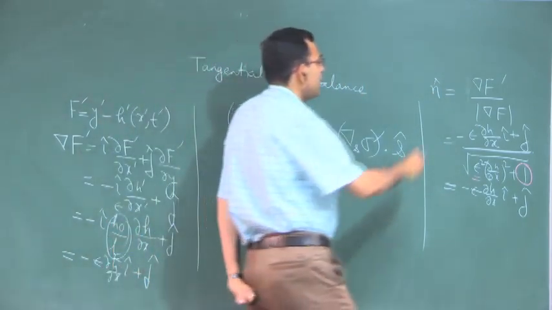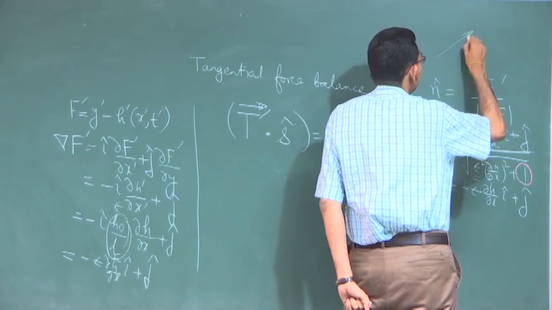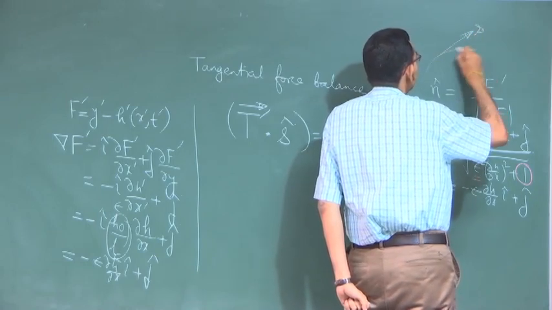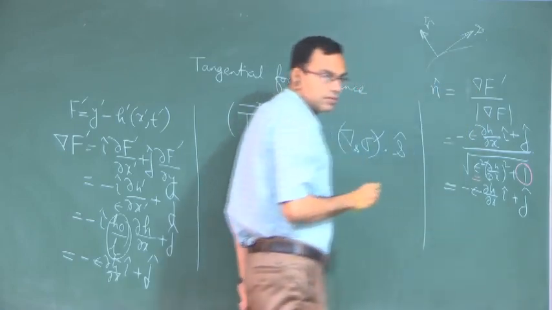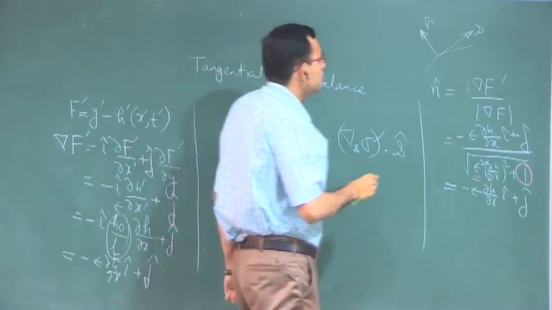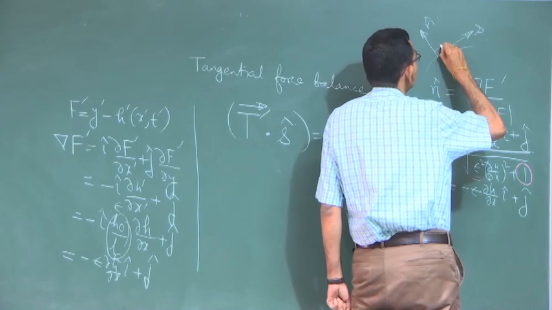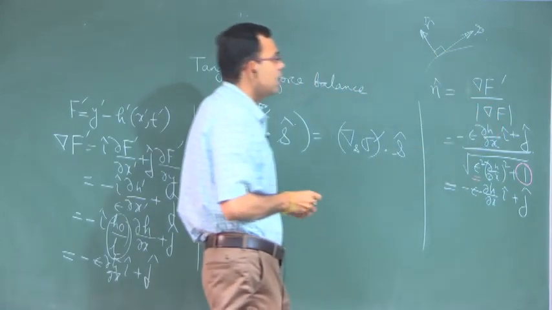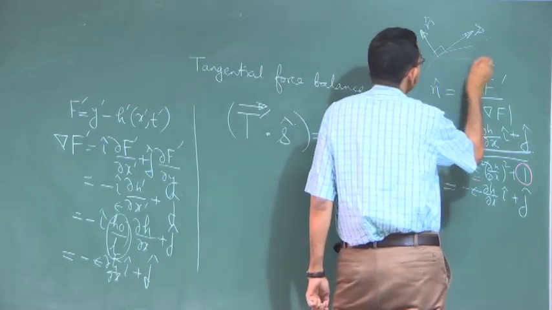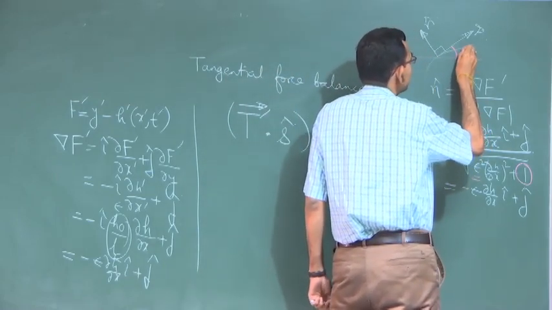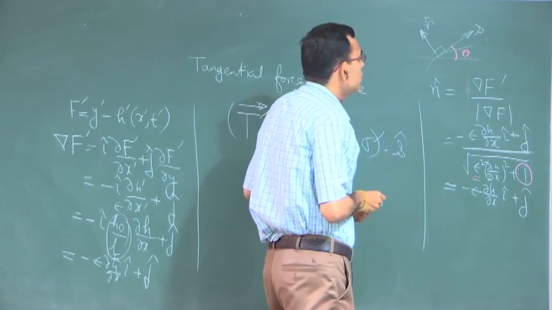Let us say that the curve is such that this is s, the tangent to the curve, and this is n. The angle between s and n is 90 degrees. Let us say this angle is theta.